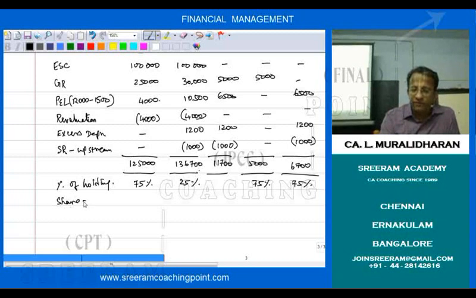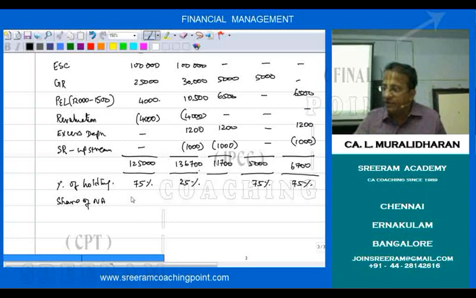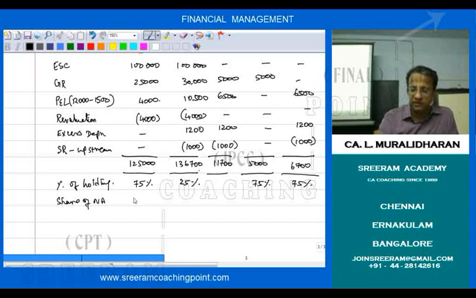Share of net asset. 75% of 1,25,000 is 93,750. 1,36,700 into 0.25 is 34,175. Here I am not updating. 3,750.